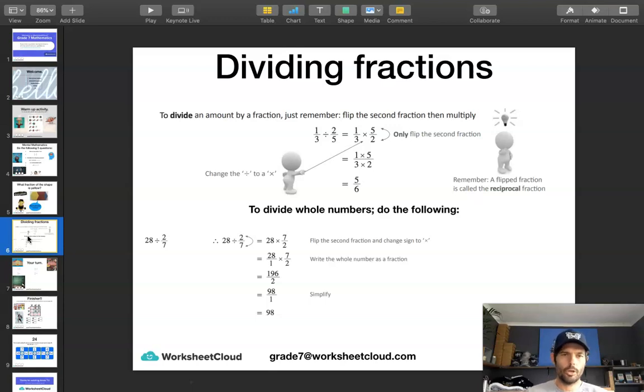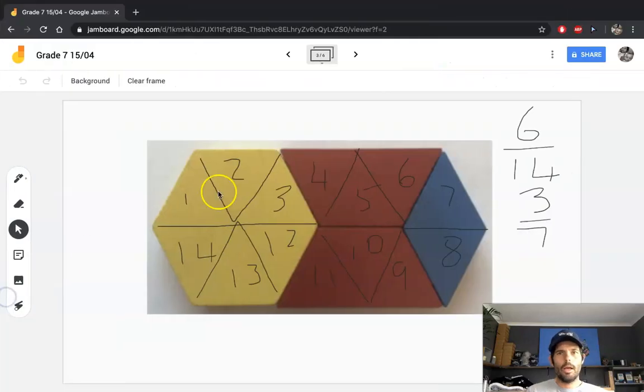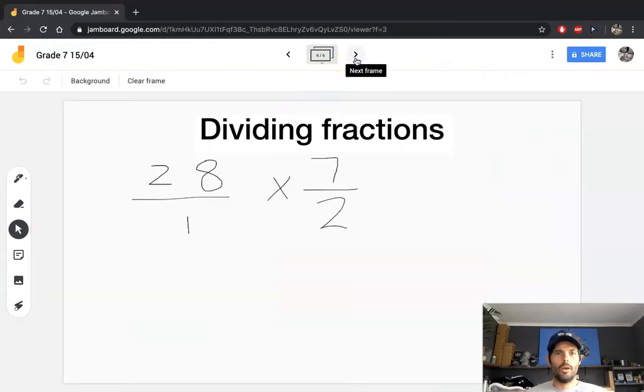Okay, now I'm just going to show you a little, I wouldn't like to call it a trick, but I just want to show you something that can make your lives a little bit easier when coming towards the end of a multiplication fraction. Okay, and if that is my example I have for you over there, instead of going 28 multiplied by 7, I can simplify diagonally here.